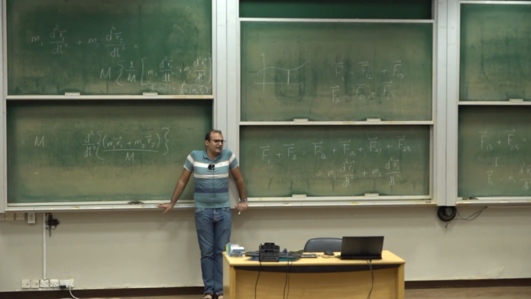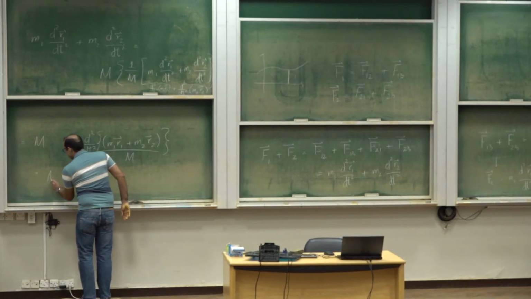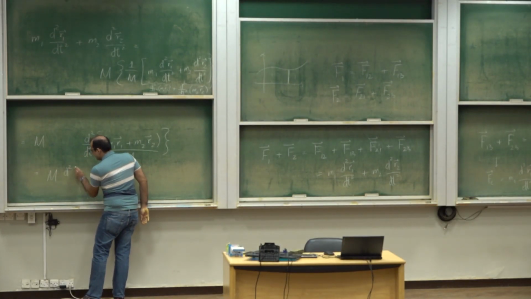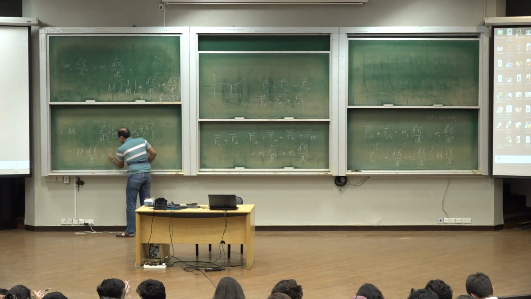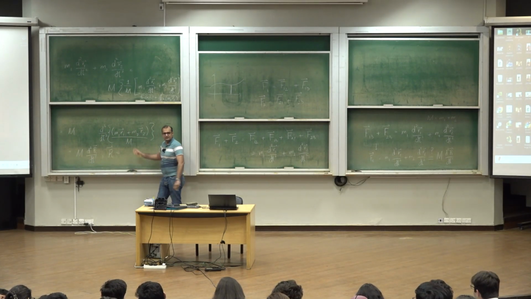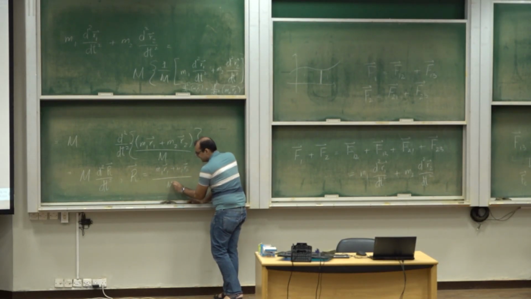The whole technique works because m1 is a constant, m2 is a constant, capital M is then also, of course, also a constant. And therefore, the whole thing can be written as capital M times the double derivative of R, where capital R equals m1 r1 plus m2 r2 divided by capital M.